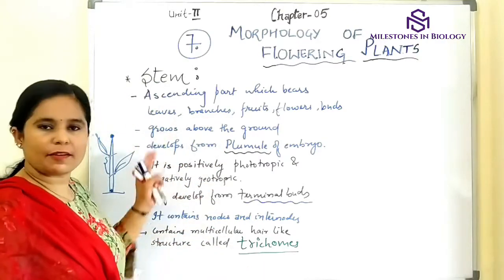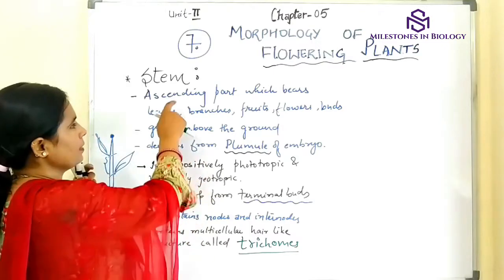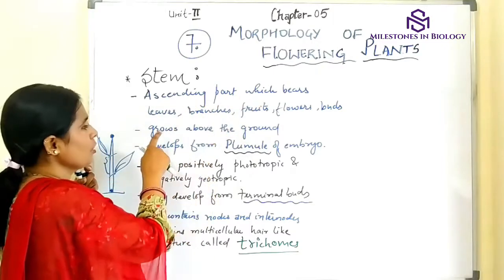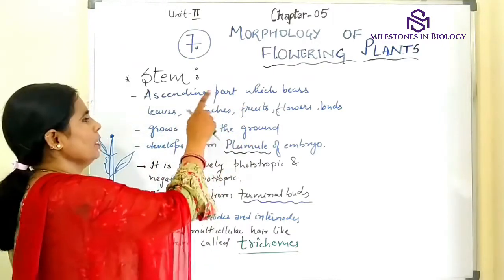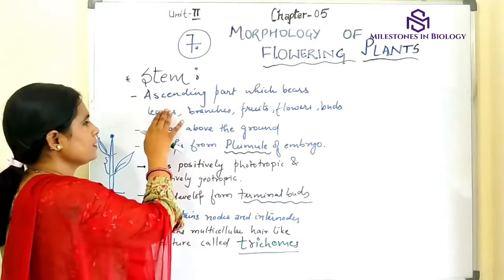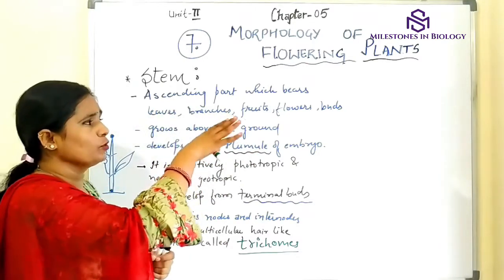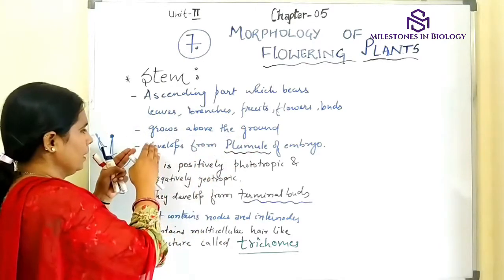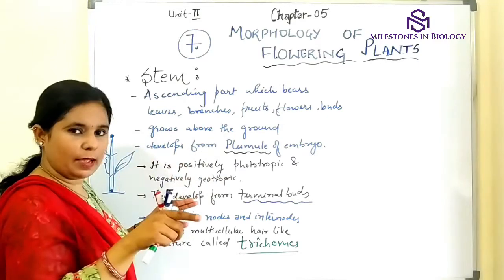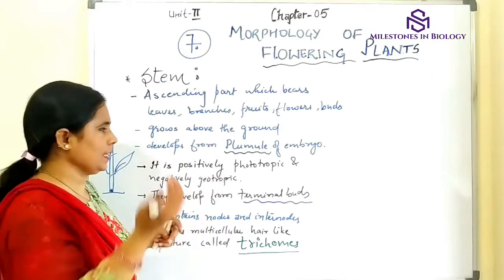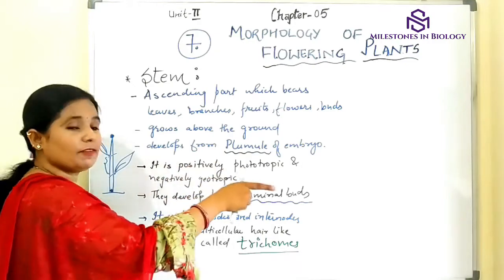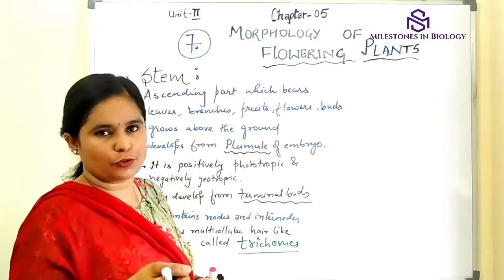So these are the general characteristics of stem, that it is an ascending part which grows above the ground. It bears leaves, branches, fruits, flowers, buds. Develops from the plumule of the embryo, and embryo is present in seed. It is positively phototropic and negatively geotropic.